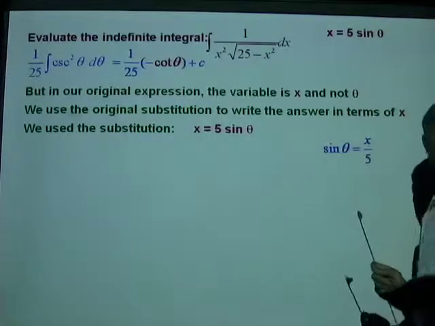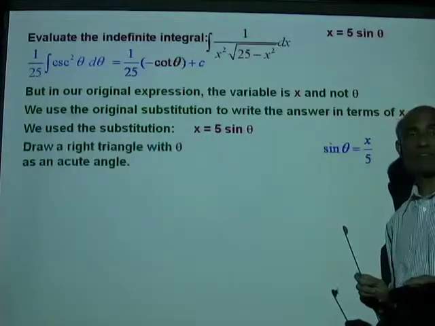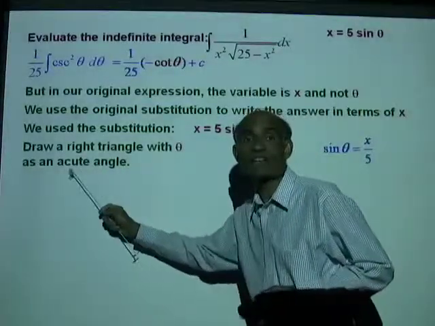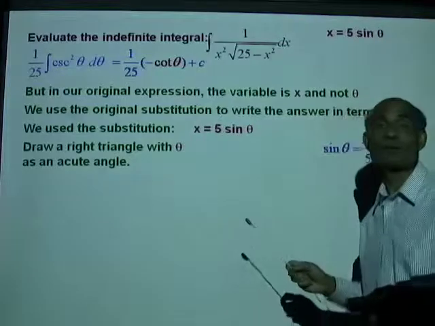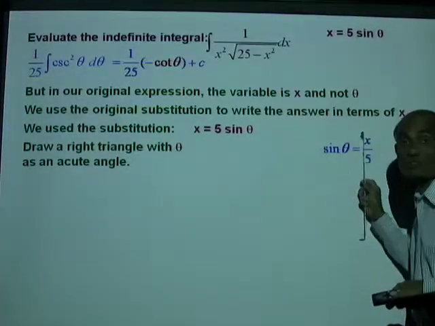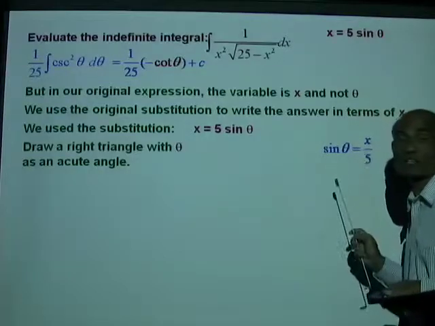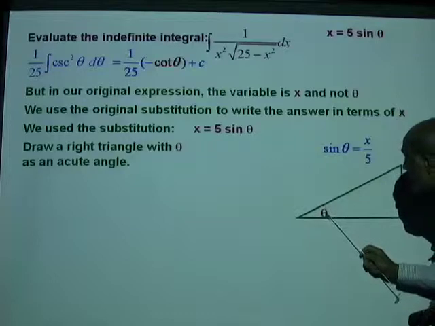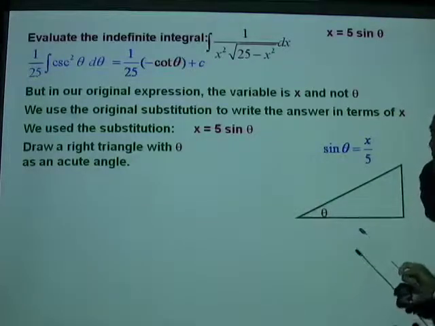So what we do is, we draw a right triangle with theta as an acute angle and decide on the sides of the triangle using this substitution. So this is our triangle and this is our angle theta, the acute angle.